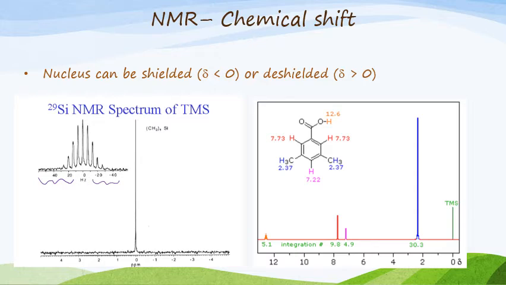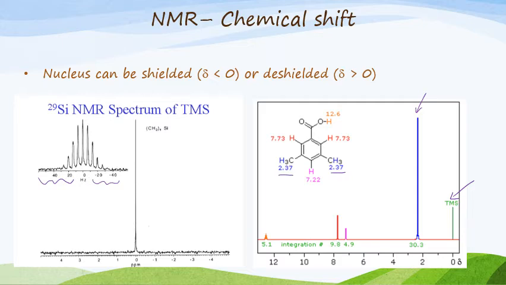On the right-hand side, this is a proton NMR spectrum where we use the TMS as a reference, and you can see that all the protons are deshielded, so they have a value larger than 0, and they are color coded so that you can see that the blue peak over here corresponds to the protons here and here.